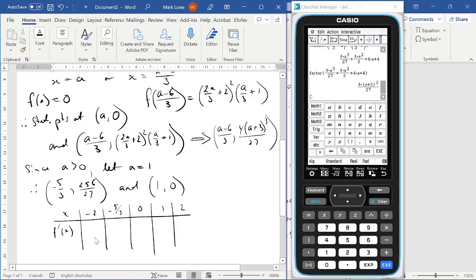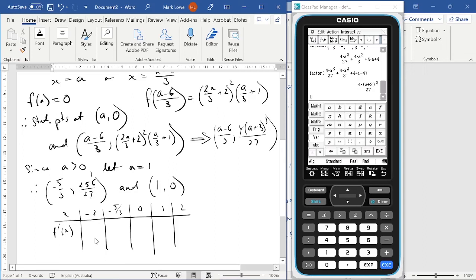Now, if we put into our derivative the value of negative 2, that's going to make our derivative 2 minus 1. Sorry, negative 2, that's going to be negative 3.